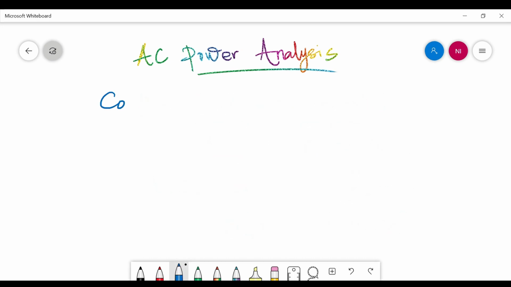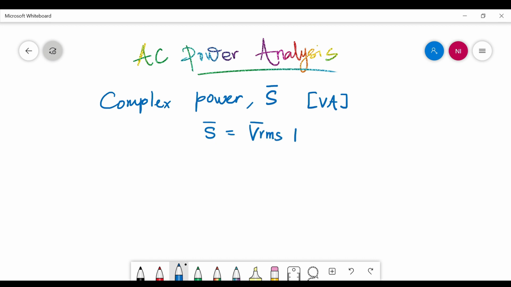Okay, let's go to the last power. It is complex power, denoted by S, unit is VA. Since it is also S, I use this bar to distinguish between apparent power and complex power. The formula is Vrms times Irms conjugate.